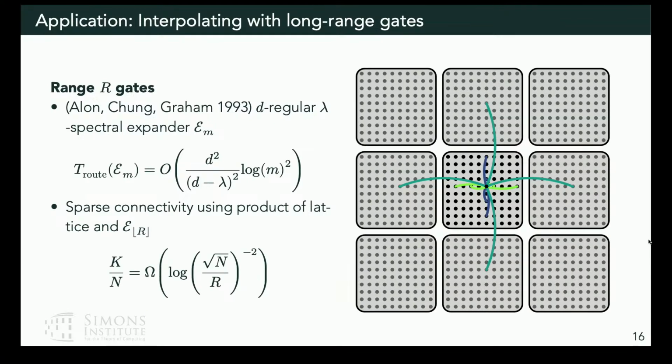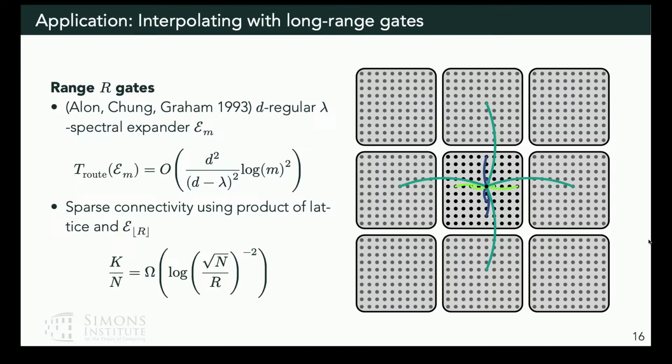Then we take the subgraph that is a product of our expander inside some fixed region, and then we have the 2D structure asymptotically. As one might expect, the world gets a factor of 1 over R smaller, which is quite nice.